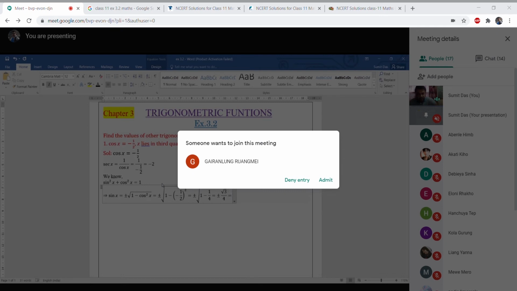If you simplify more, it will be plus minus. Okay, up to this one, anyone have doubt?